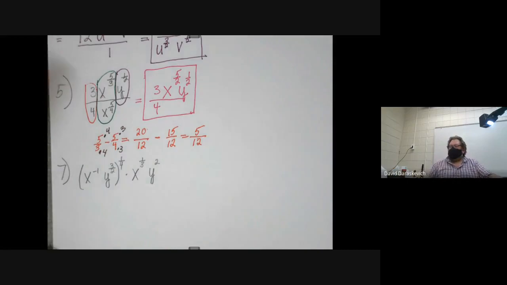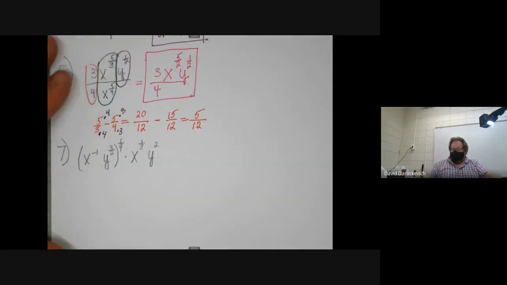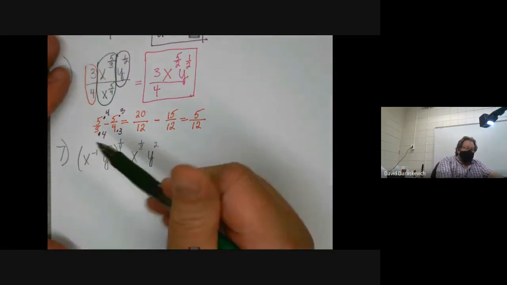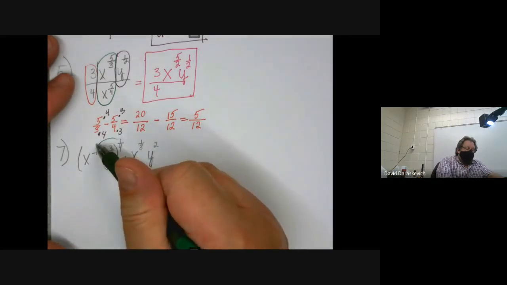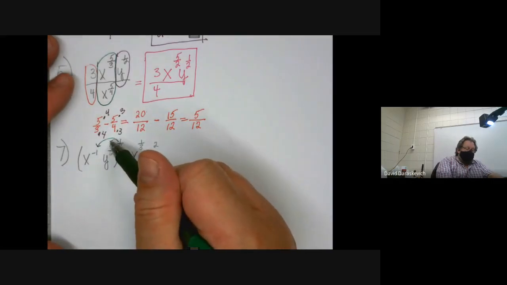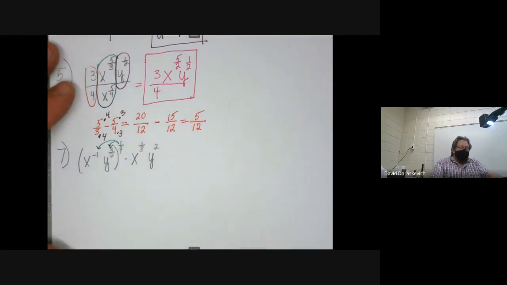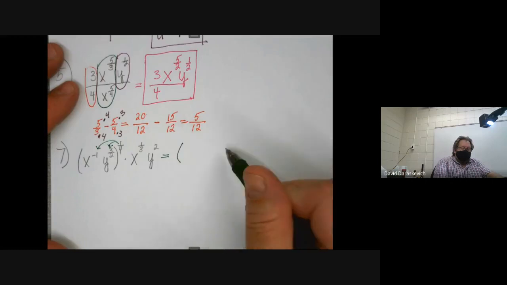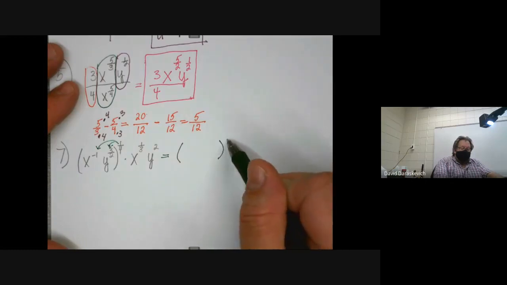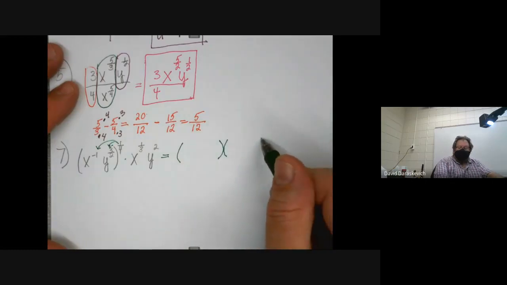Okay, so I'm going to do two steps at once here. We have an exponent outside parentheses, and we have to distribute it to each one of the exponents inside. And at the same time I'm doing that, I'm also going to regroup these to my x's and my y's.